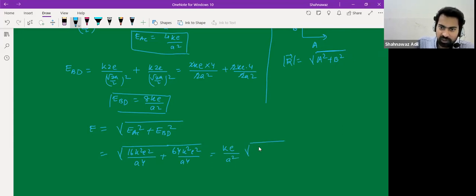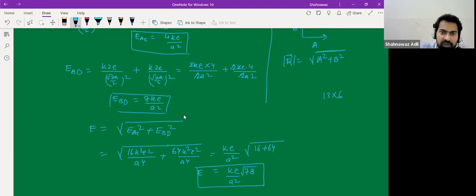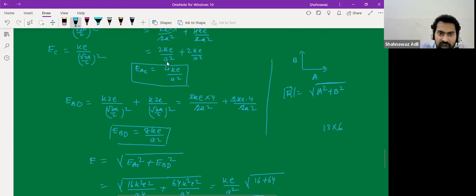And this is 16 plus 64, so this is 80. Right, so root 80. We can't take the factors out, so this is root 80. Understood? So this would be the magnitude of this electric field due to these four charges. Understood?